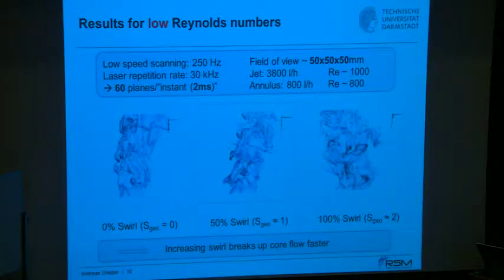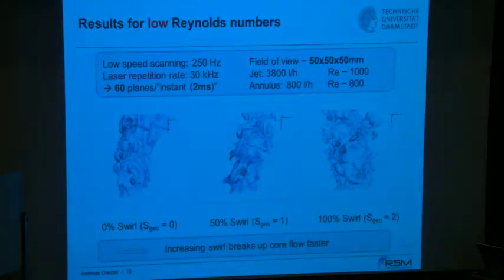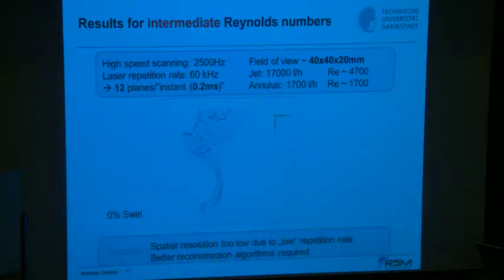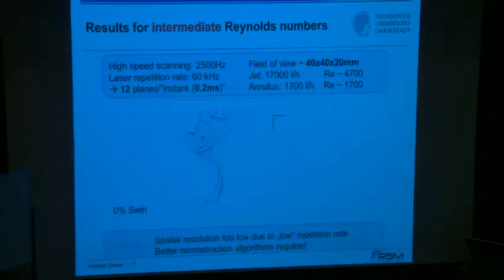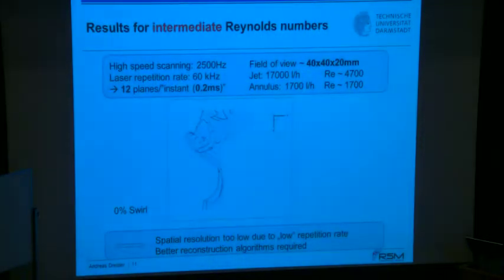So nothing which is unexpected, but very limited in terms of resolution, 60 planes, to rather low Reynolds numbers. If you now crank up the Reynolds number and go for the maximum rate this scanning mirror allowed, it was a factor of 10.